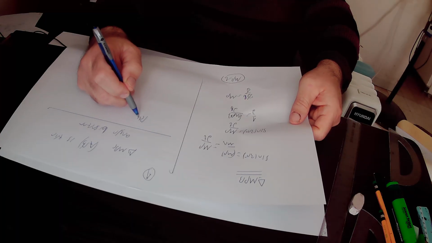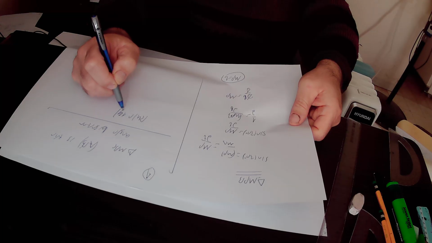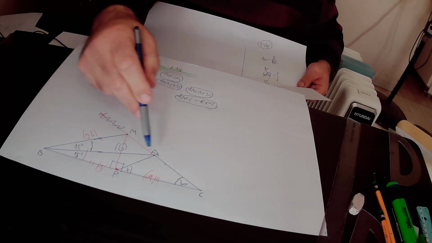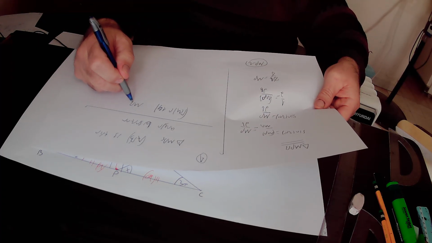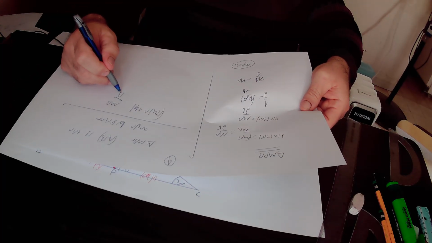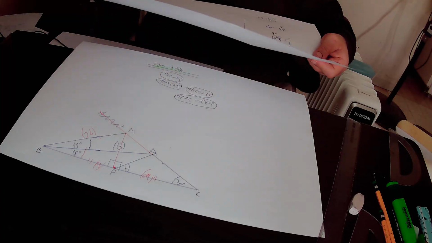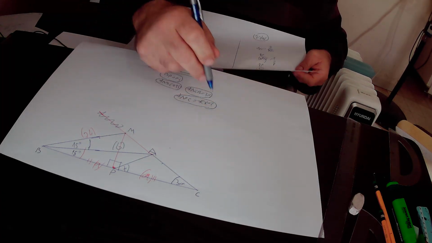Angle bisector AB divides the sides of this triangle MBC proportionally. That is to say, MB over BC equals MA over AC.